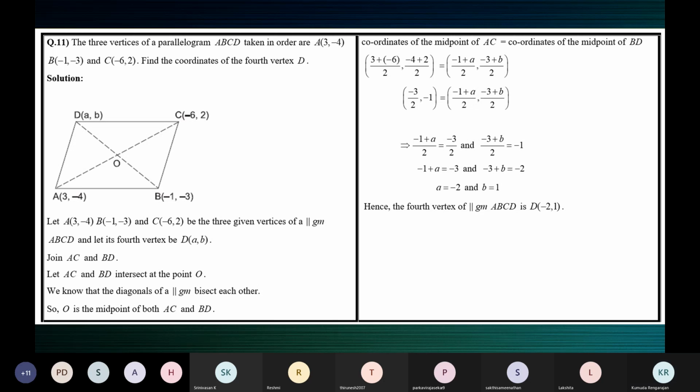That's all. There are many other properties, but given a quadrilateral, if you have to show that it's a parallelogram, if you can prove that both the pairs of opposite sides are parallel, then it is a parallelogram.